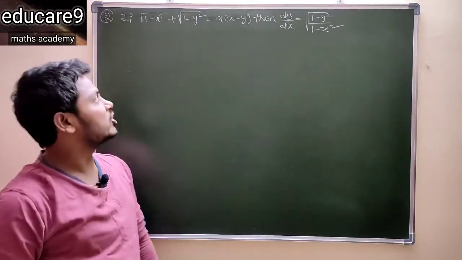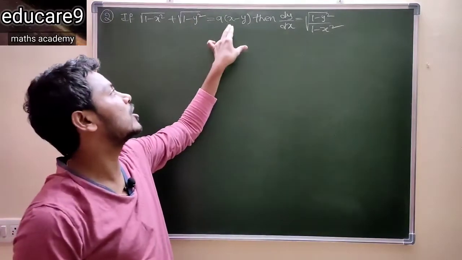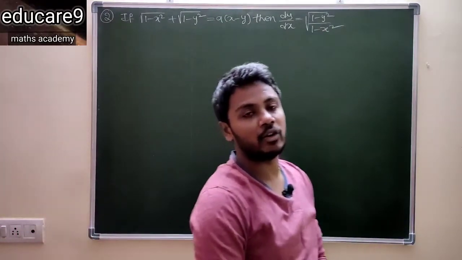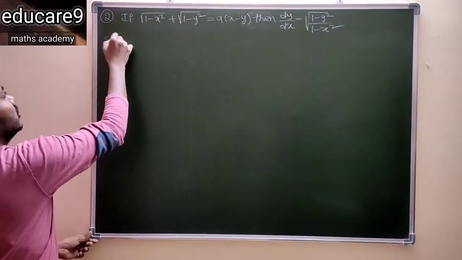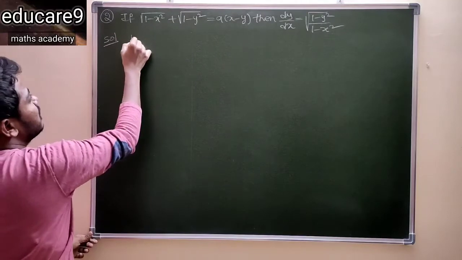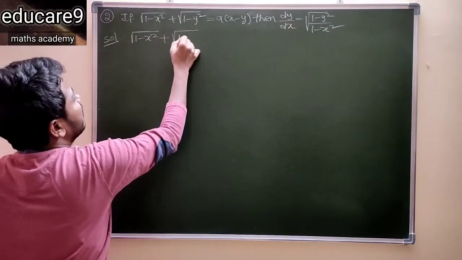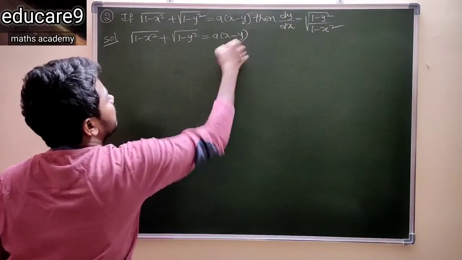See the second problem: square root of 1 minus x square plus square root of 1 minus y square is equal to a into (x minus y). Then find the derivative of y. Solution: given square root of 1 minus x square plus square root of 1 minus y square equal to a into (x minus y).